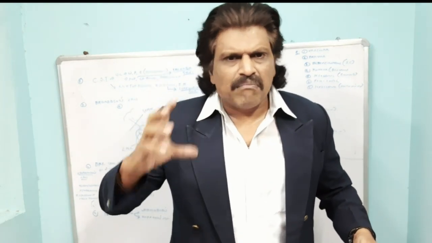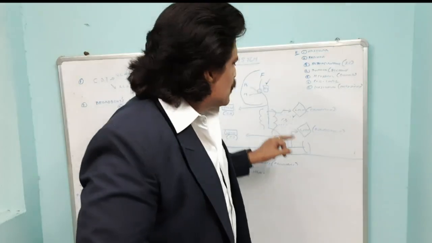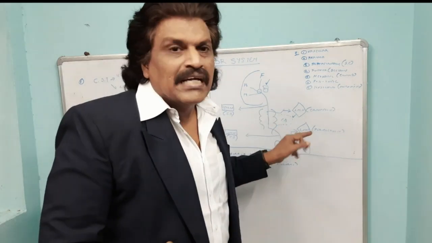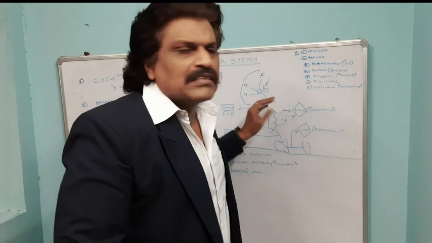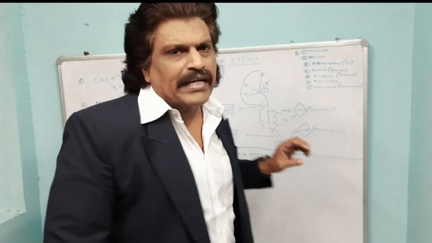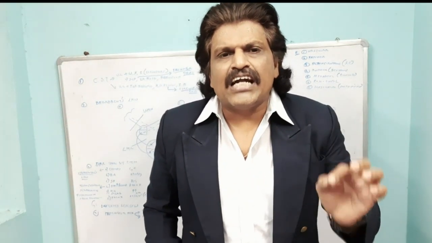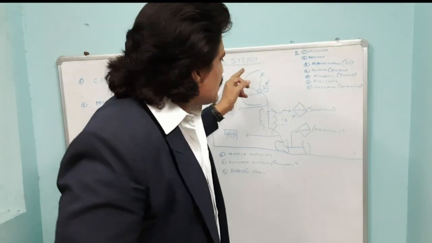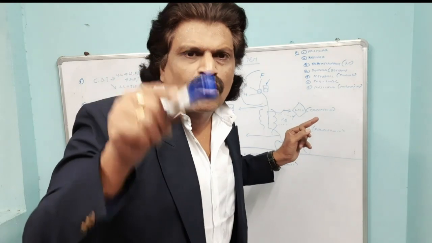So if the cerebellum has to control, it sends fibers from the cerebellum, the dentate nucleus goes to the red nucleus and then crosses over to the opposite side, goes to the thalamus and then the cortex. You call that the dentato-rubro-thalamo-cortical tract. From the cortex, again, finally the movement has to take place through the corticospinal tract.